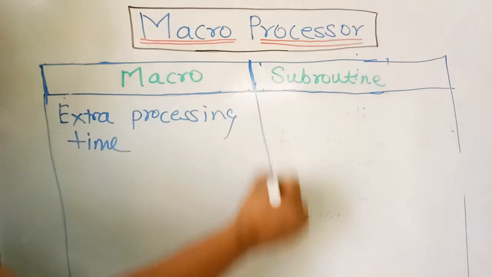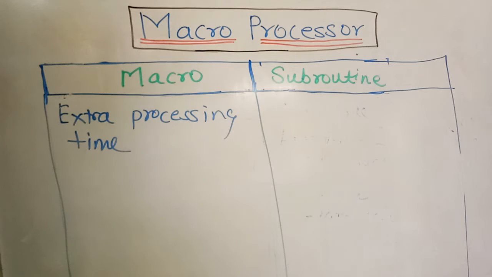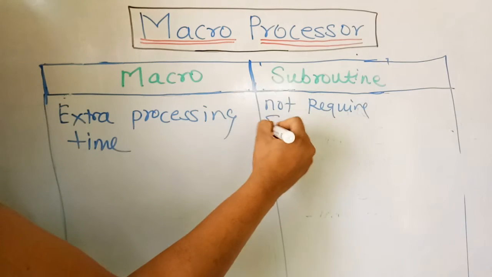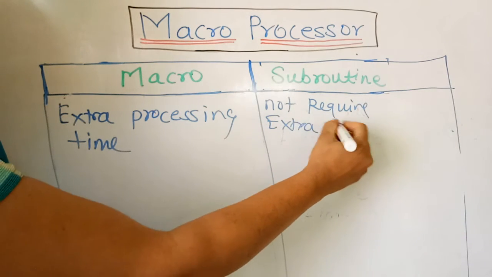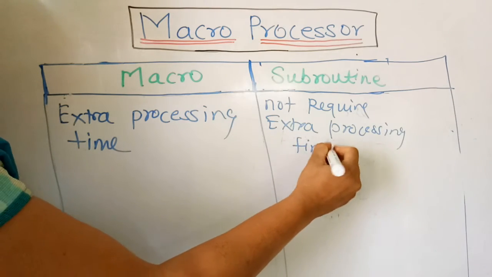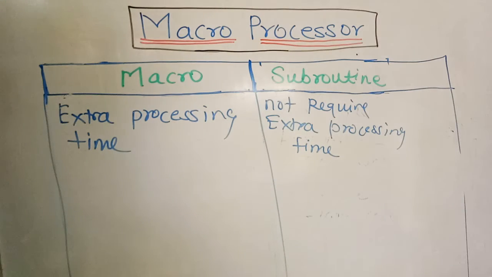But a subroutine does not require extra processing time, because it does not use the preprocessor.